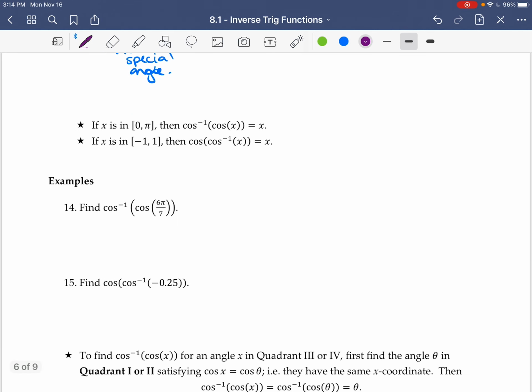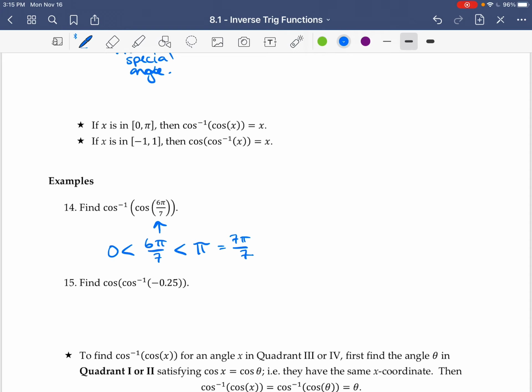Okay, so again, cosine inverse of cosine is going to cancel when the angle on the inside is in the domain. Okay, so 6 pi over 7, obviously it's bigger than 0, but it's also less than pi, which is 7 pi over 7.